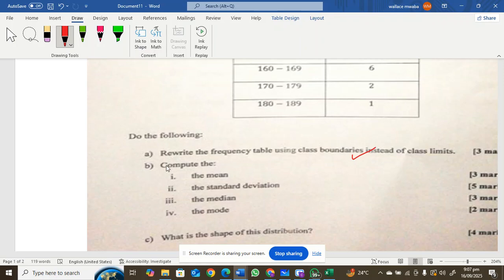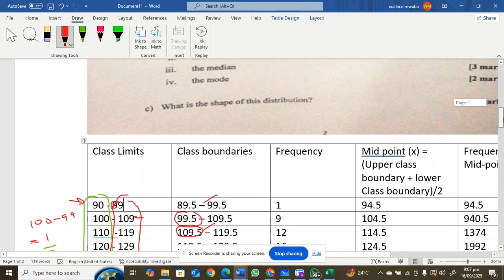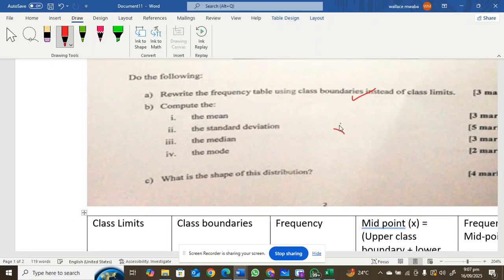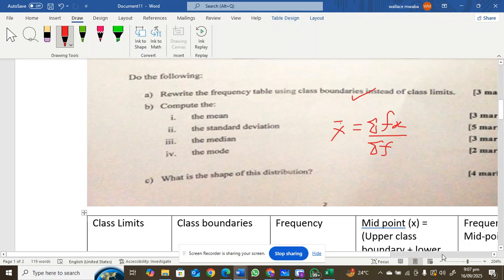Part B, they've said compute the mean, which is the average. The formula for the mean is x bar equals the summation of the frequency times the midpoint, divided by the summation of the frequency.